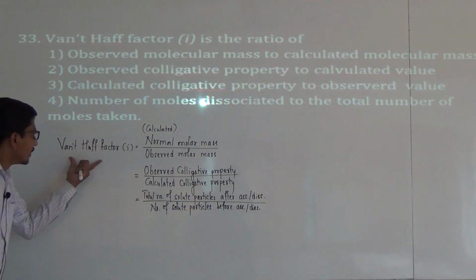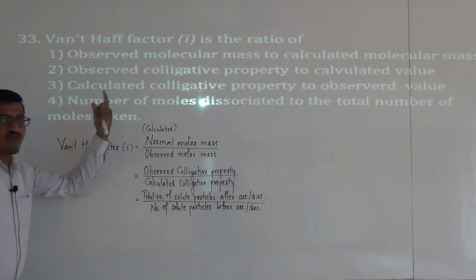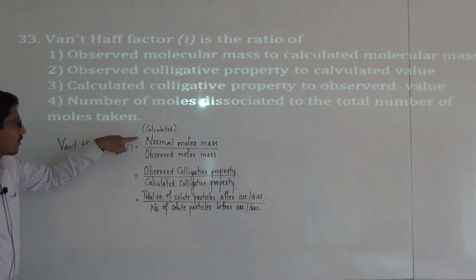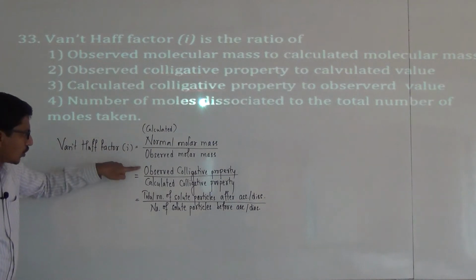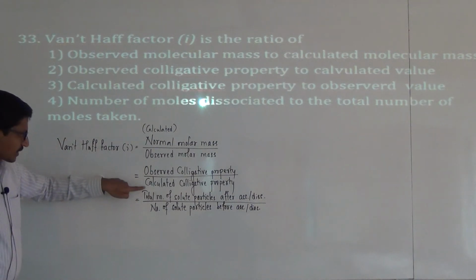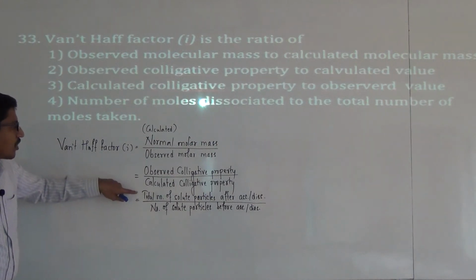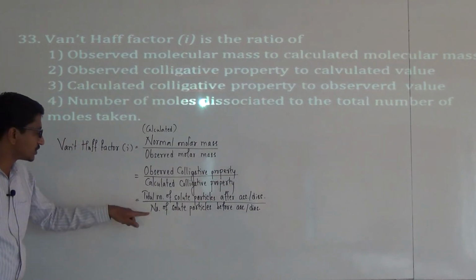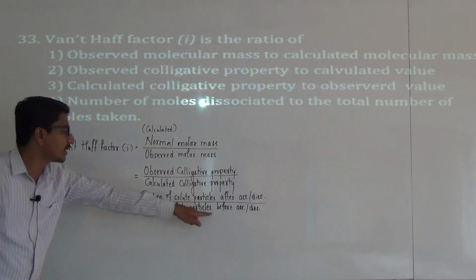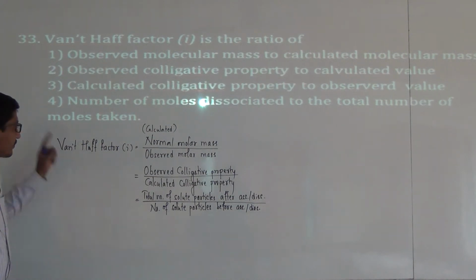These are the relations to express the van't Hoff factor i. It is the ratio of normal molar mass to the observed molar mass, or observed colligative property to the calculated or normal colligative property, or total number of solute particles after association or dissociation to the total number of solute particles before association or dissociation.